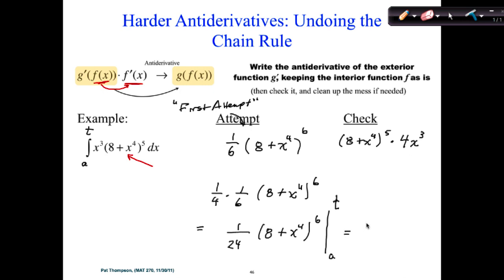So it would be T to the sixth minus A to the sixth. Okay, so that would be our closed form for this.